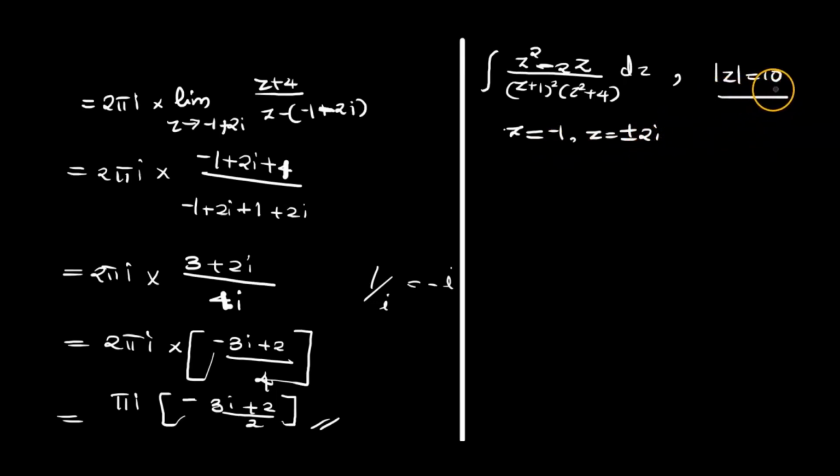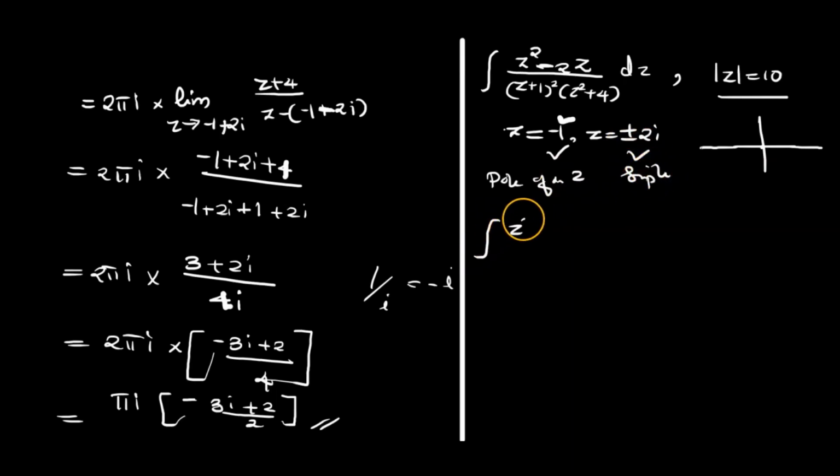|z| = 10 means center 0 and radius 10. So these points are inside the circle. −1, 2i and −2i are singularities inside the circle, and note that z = −1 is a pole of order 2 and the others are simple poles.